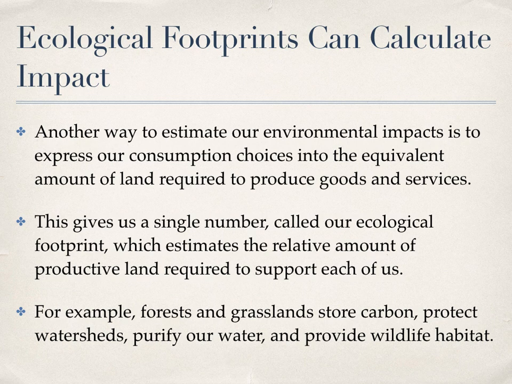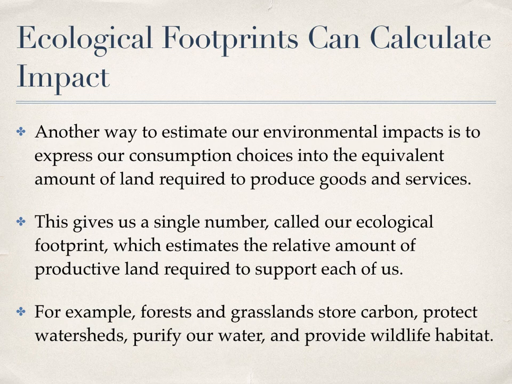One way to estimate our environmental impacts is to express our consumption choices as the equivalent amount of land required to produce goods and services. This gives us a single number called our ecological footprint, which estimates the relative amount of bioproductive land required to support each of us. Services provided by nature make up a large proportion of our ecological footprint.